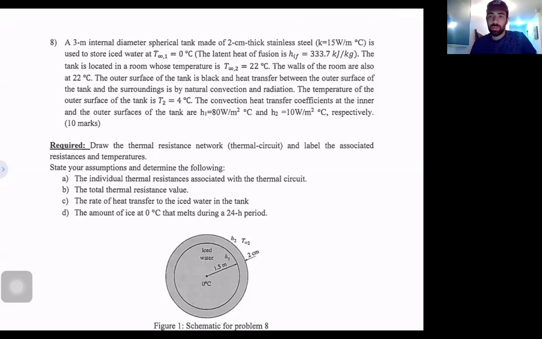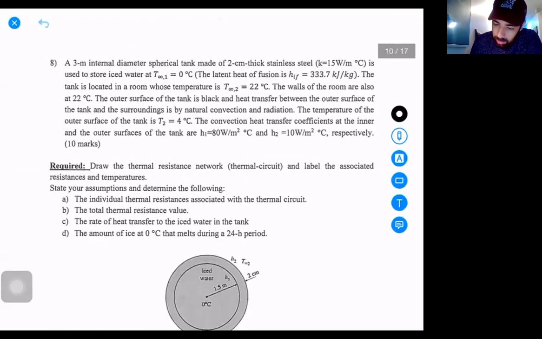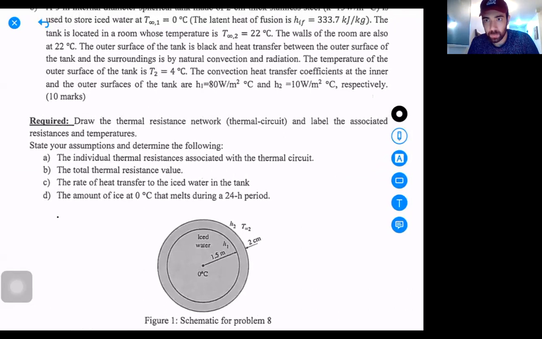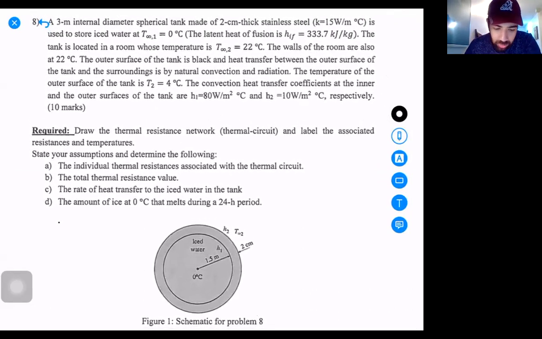Okay, the question is first giving information on a spherical tank that is depicted in a 2D schematic, and it's saying that the internal diameter of this spherical tank is equal to 3 meters.